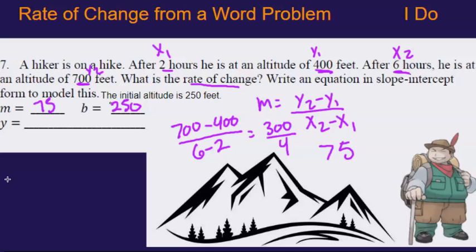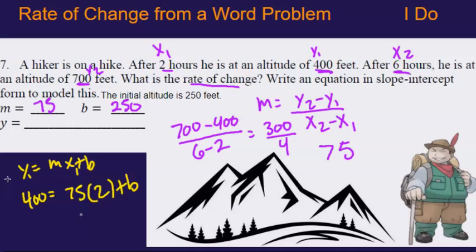Now let's see how we got that 250. Let's plug it into y equals mx plus b. So let's just say we have y1, x1. So then we have 400 equals 75 times 2 plus something.